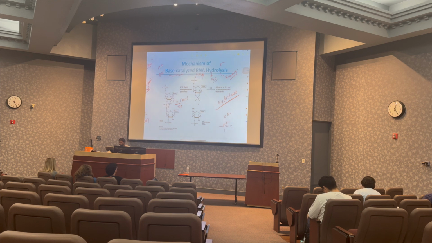Your oxygen will have a negative charge and this will attack the positive phosphorus, and this will break this bond and this will form as negative. This makes a bond with this oxygen: oxygen, phosphorus, oxygen. You see that it's a cyclic bond which is formed, and that's why they are known as a mixture of 2 and 3 monophosphate derivatives.